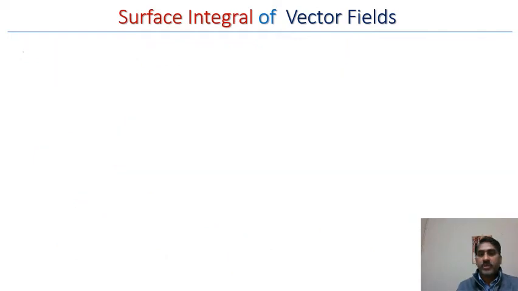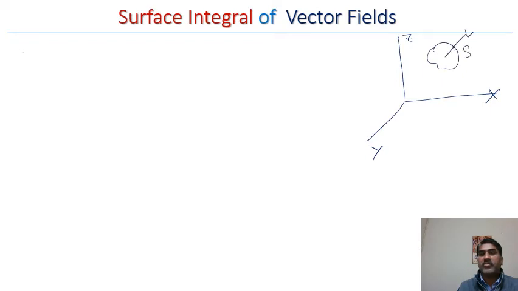Sometimes it may also be the case that you are instructed to find a surface integral without using the projection, then you can directly integrate. Suppose this is a 3D system x, z and y, and we have a surface S and a vector v acting on S throughout.